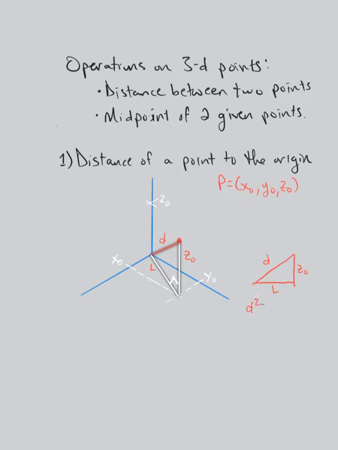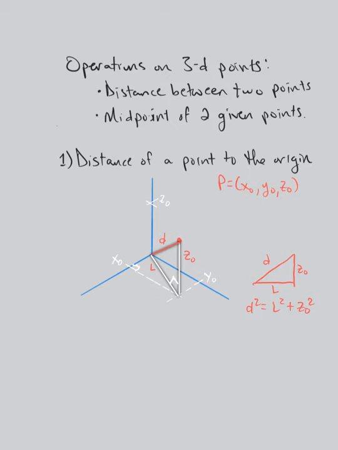Now, from the Pythagorean theorem, we know that D squared is L squared plus z naught squared. The problem is we don't know what L is, but we have another triangle that we can take advantage of, this triangle right here. Okay, and why is that a right triangle? Where is its right angle? Its right angle is right here.